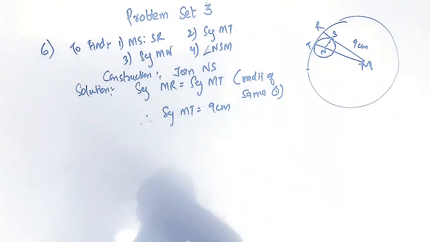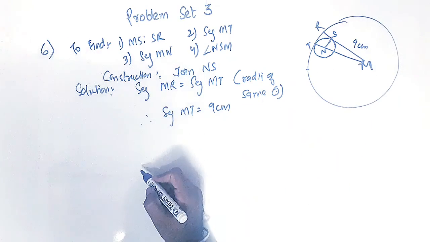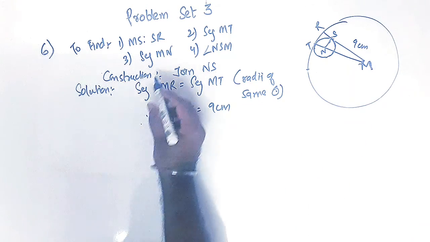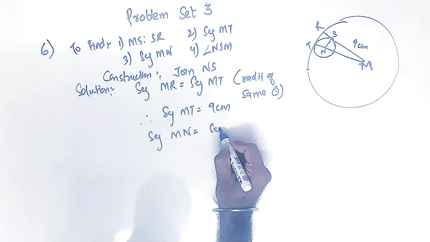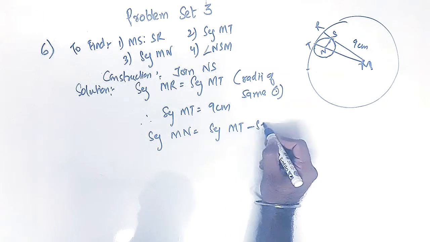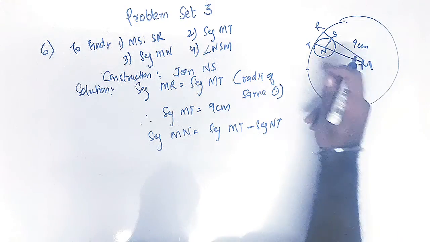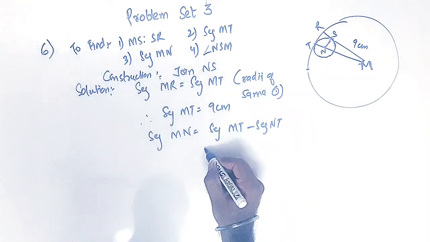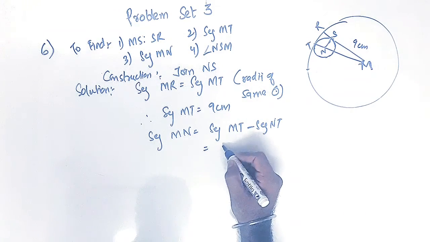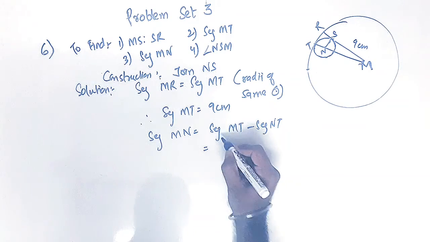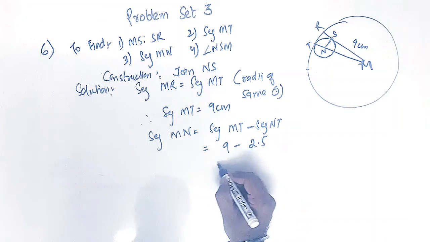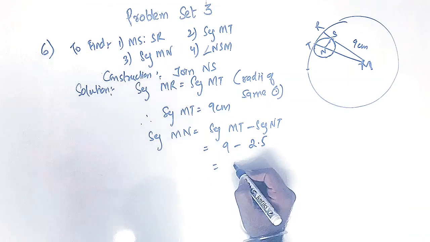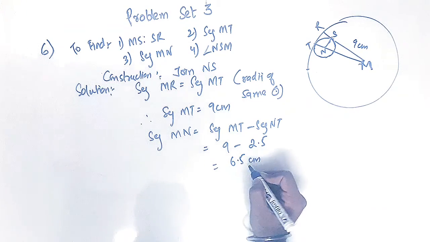N is the center of the smaller circle. Seg MN is nothing but seg MT minus seg NT. MT is 9, NT is 2.5 centimeter, radius of the smaller circle. So 9 minus 2.5 is 6.5 centimeter.